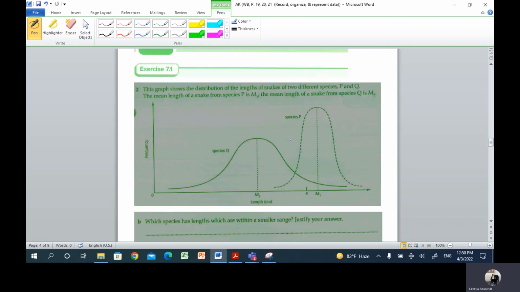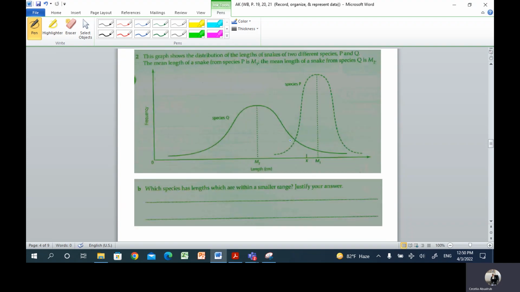And let's go to the second question. Which species has lengths which are within a smaller range?